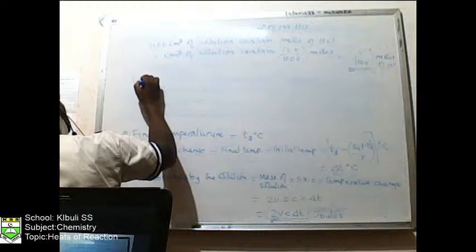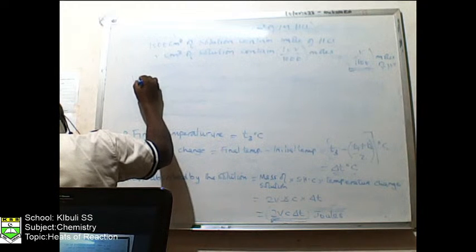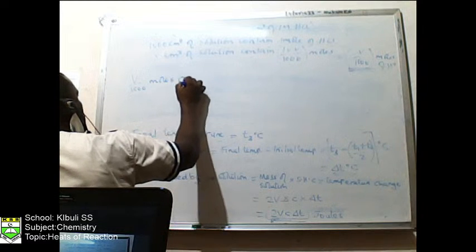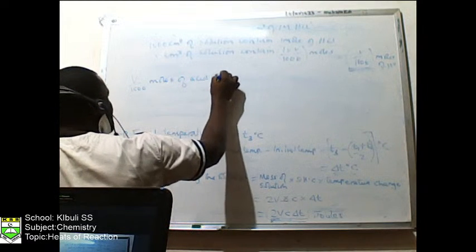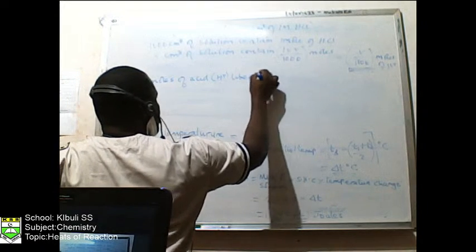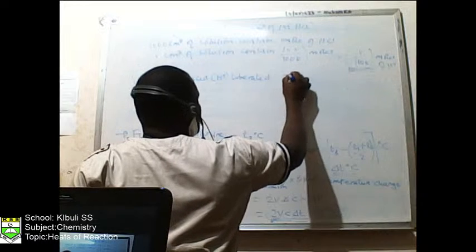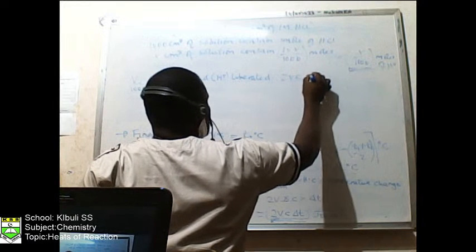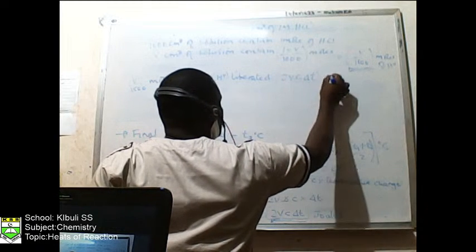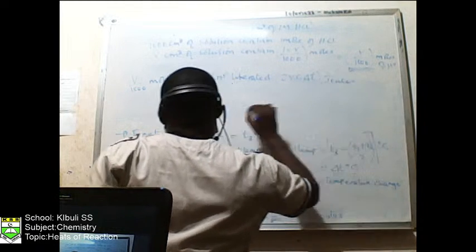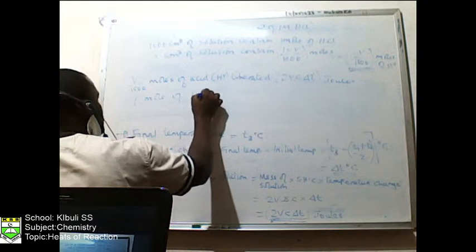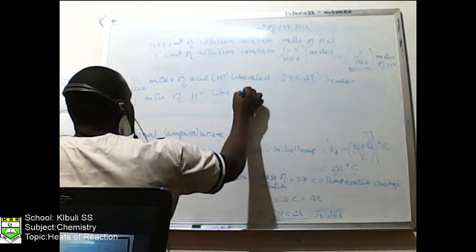So V over 1,000 moles of acid or of hydrogen ions liberated 2V c delta T joules. What about 1 mole of hydrogen ions liberates?